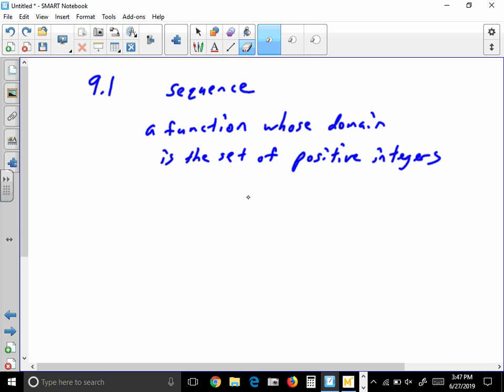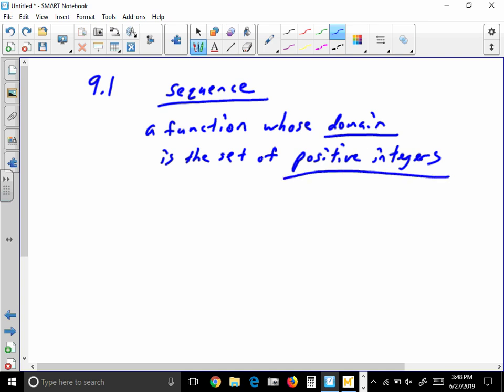So before we get into adding a lot of stuff, the first section sets a lot of this up, and it's talking about sequences. Now, I'm sure you probably ran across sequences at some time or other, but let's define what a sequence is to begin with. It's just a function, but for that function, the domain is not just any number, it's positive integers.